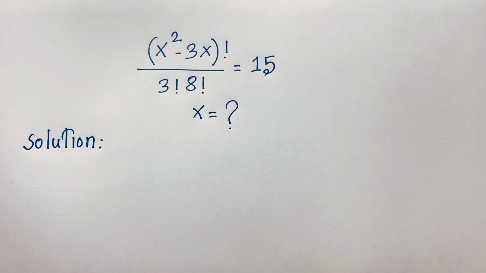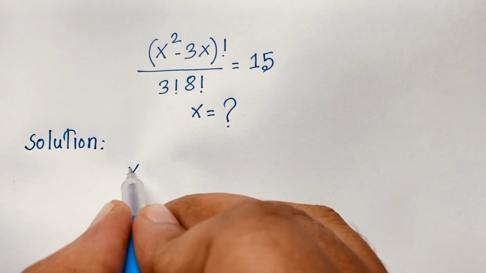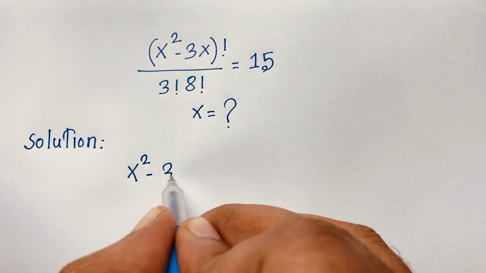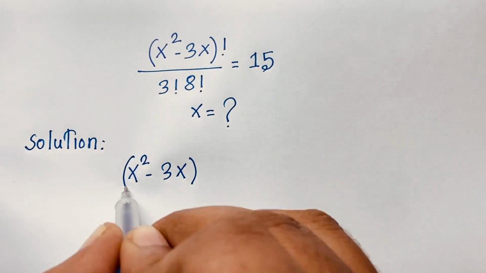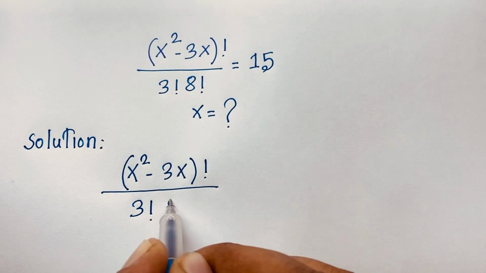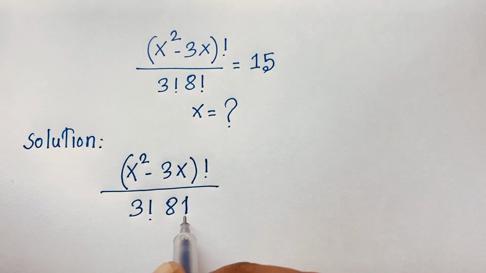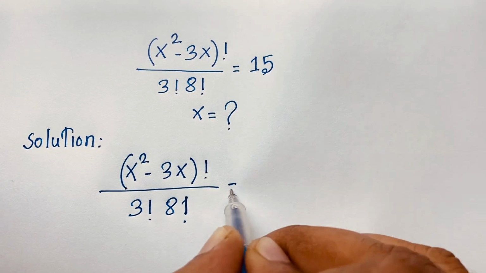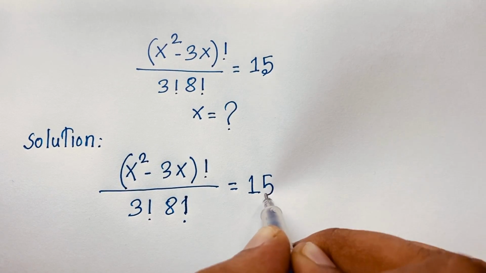Our question is (x² - 3x)! over 3! 8! is equal to 15. This is our question.